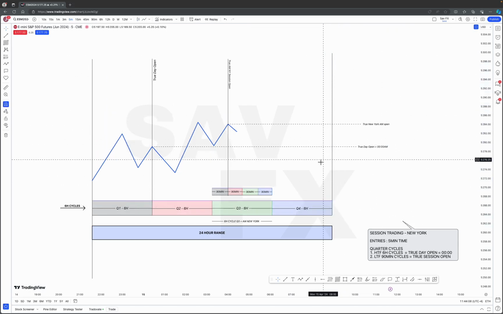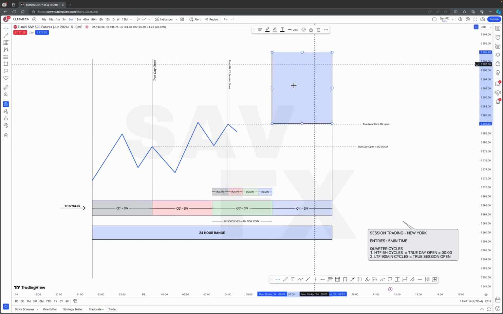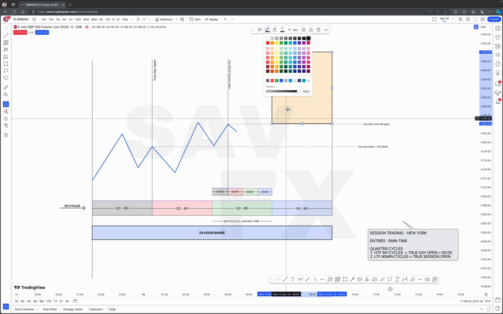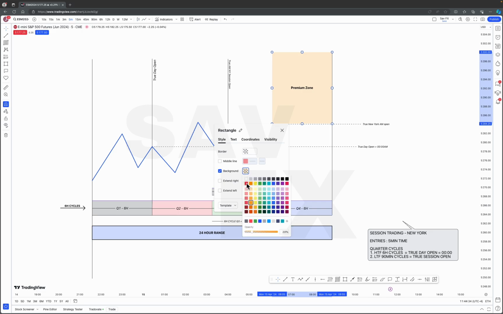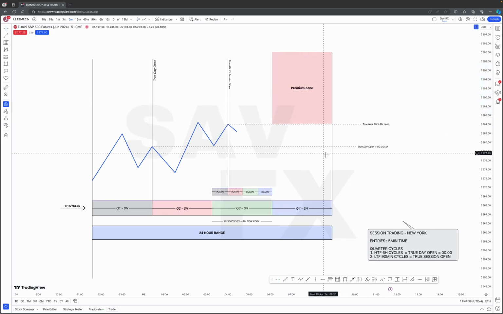Yeah. So the whole entire range above the true session open and the true day open, right? That is your premium zone.